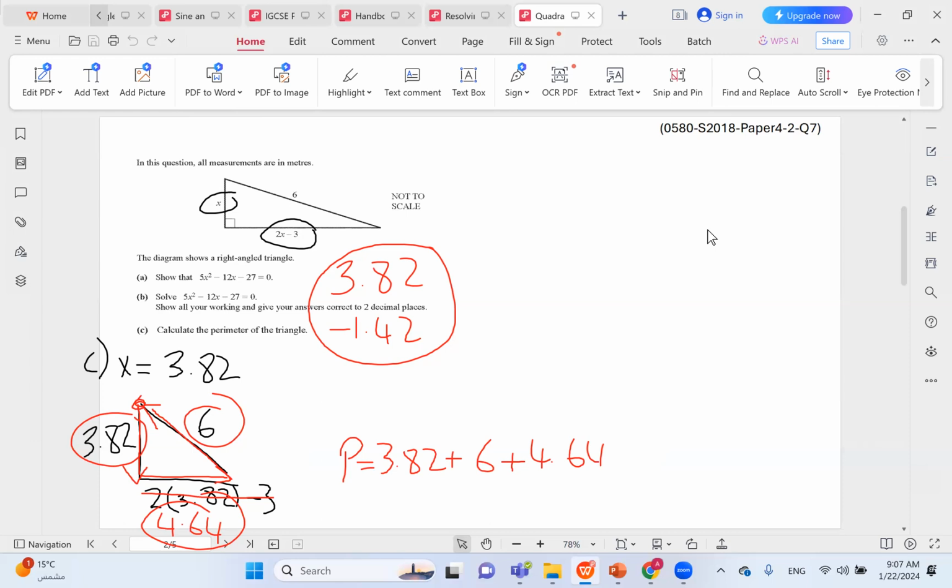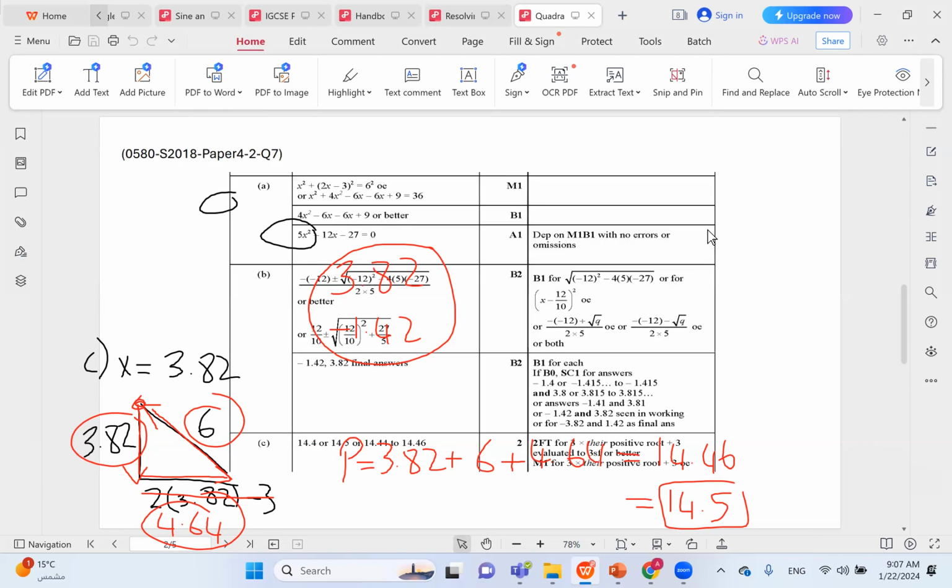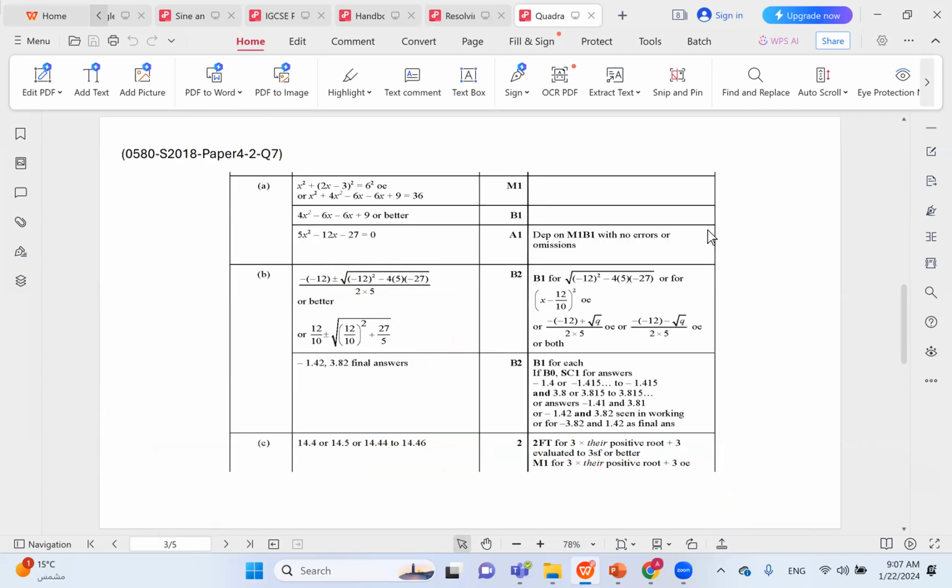And the final answer is 14.46, which could be approximated to 14.5. And this is the final answer. So let's just check. And the correct answer is 14.4 or 14.5, or somewhere between 14.44 and 14.46.